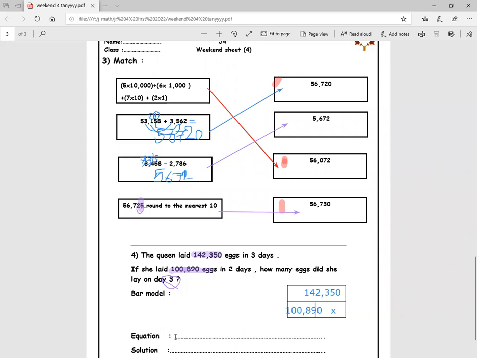Now to find x, what would the equation be? x plus 100,890 equals the whole, 142,350.